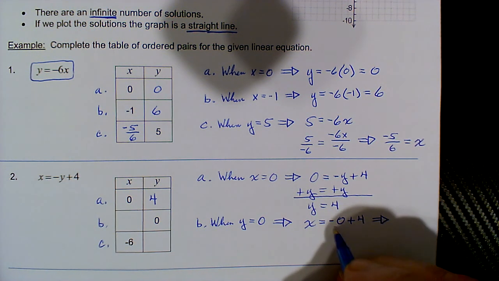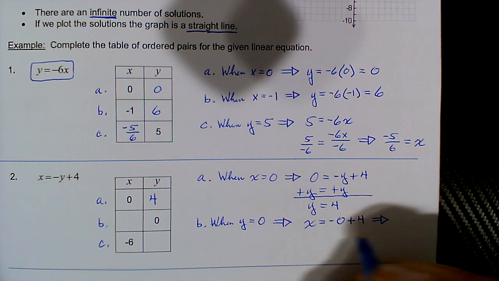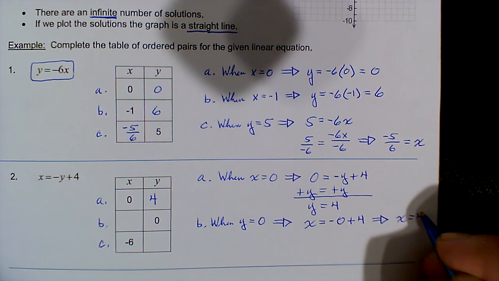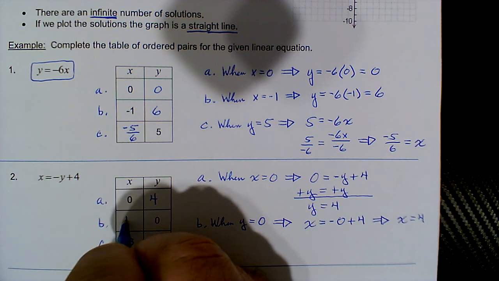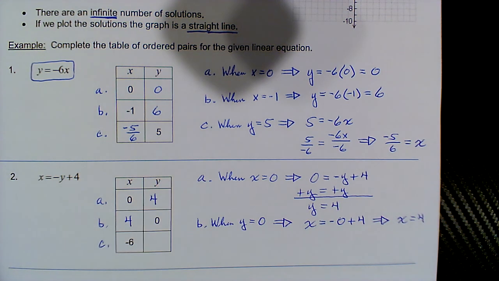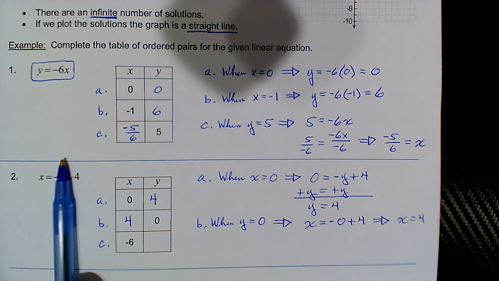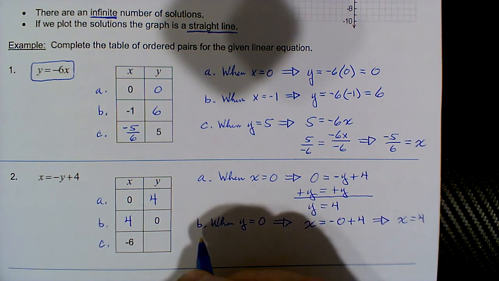So immediately, you could say minus 1 times 0 or minus 0 as I've written, but immediately we get x equals 4. Now we could have told that by inspection, because if y is 0, basically all you're doing in this equation is eliminating this y. And if you're taking out the y, obviously x equals 4. All right, so let's see what happens in part C.